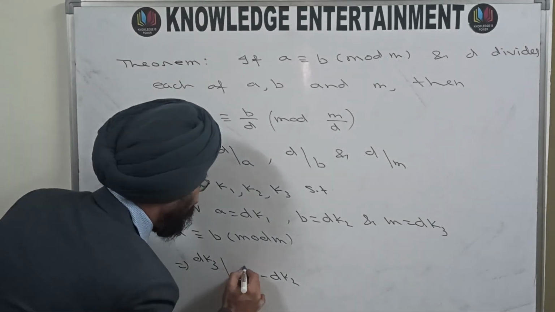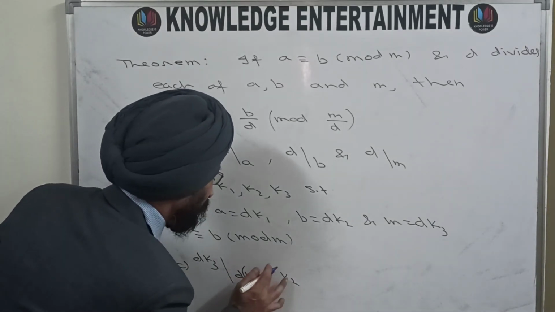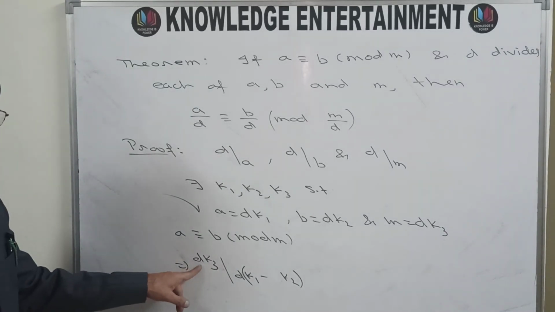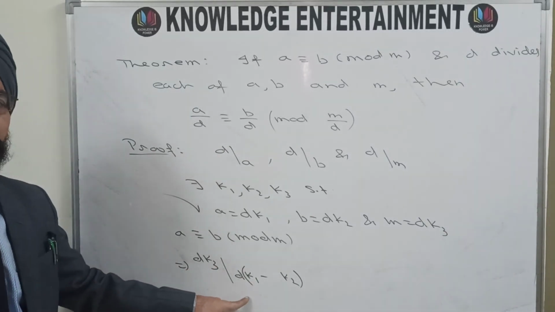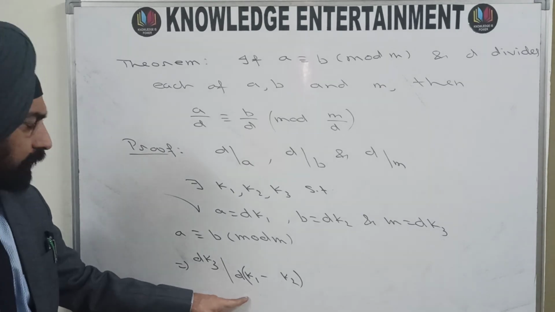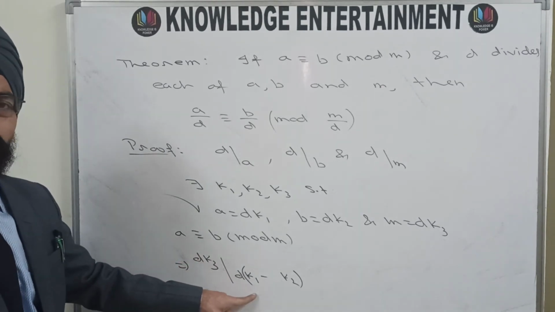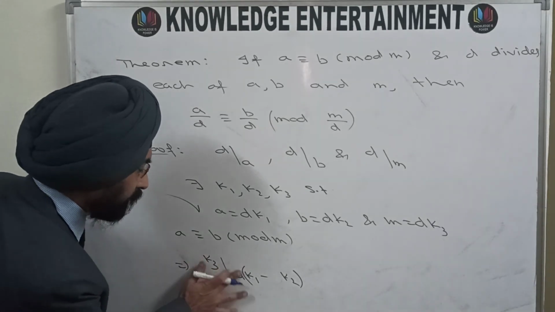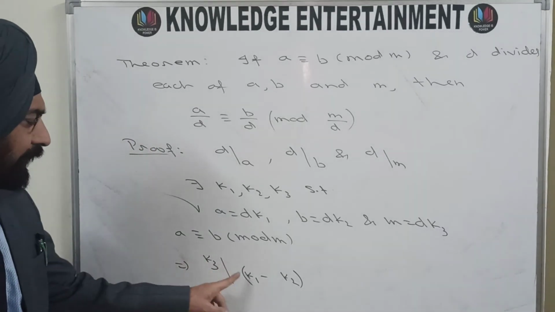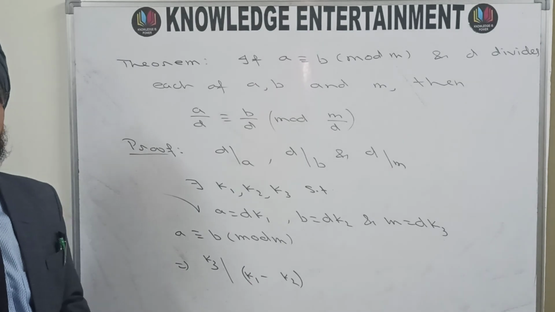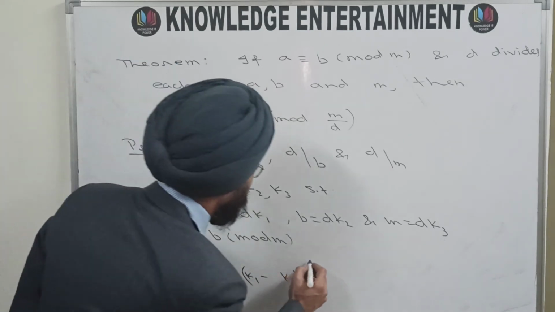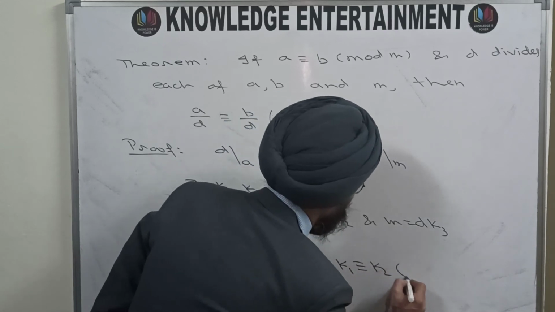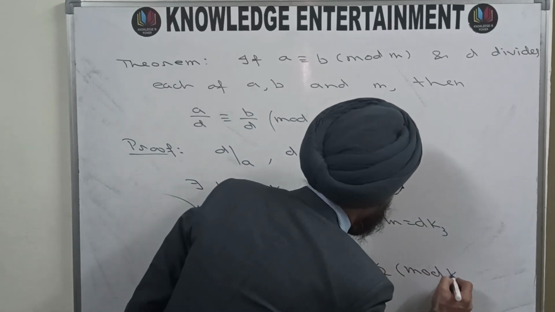So you can write D times k1 minus k2. A multiple of D dividing a multiple of D is always obvious, so that D can be deleted. So deleting D from here, what you are going to get is that k3 divides k1 minus k2. And if k3 divides k1 minus k2, you can easily write that k1 is congruent to k2 modulo k3.